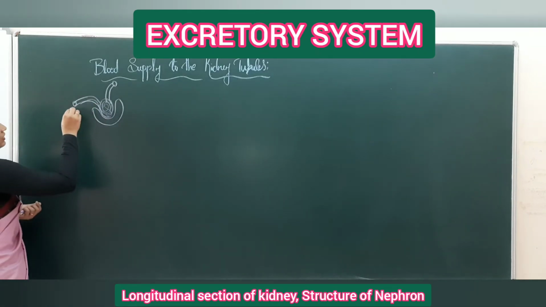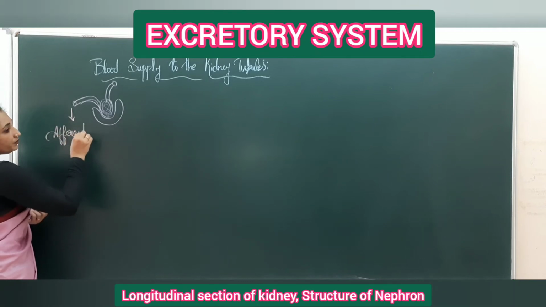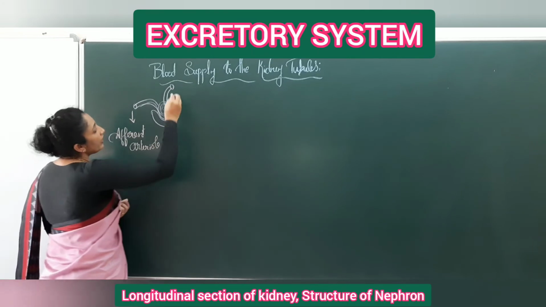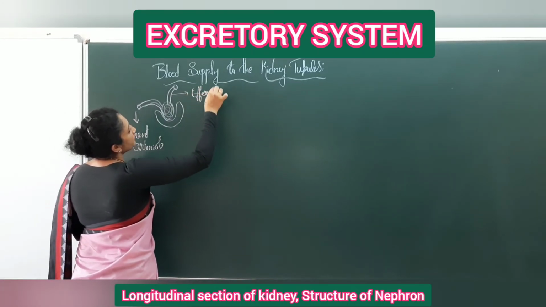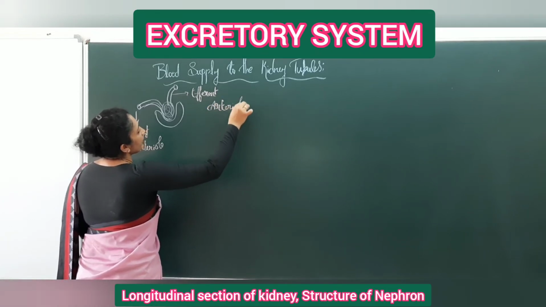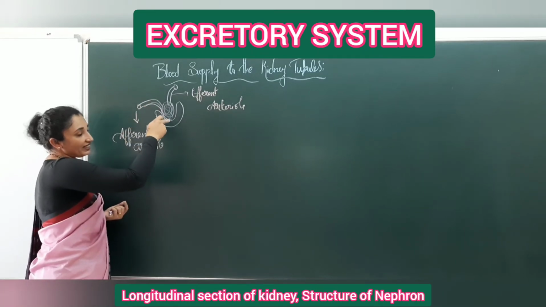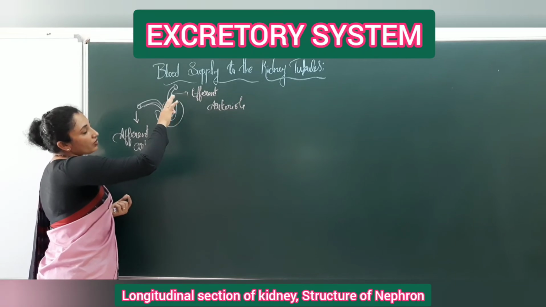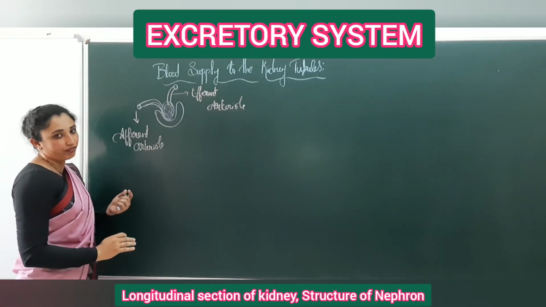One of the structures is known as the afferent arteriole, and this is known as the efferent arteriole. So what is the difference here? The afferent arteriole is the arteriole which enters into the nephron, whereas the efferent arteriole is the arteriole which emerges out of the nephron.